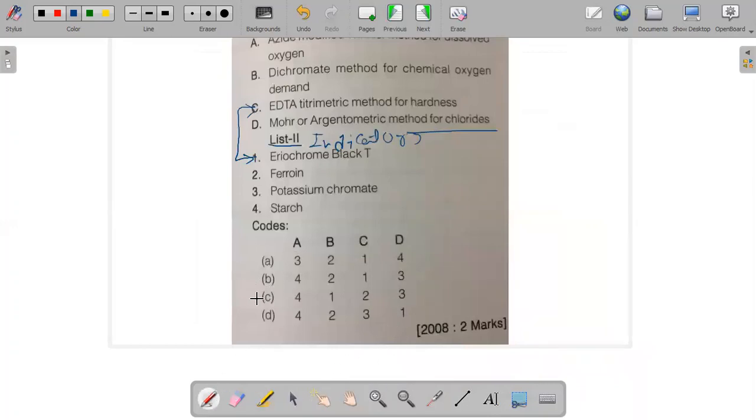So these two options are eliminated because here C is not 1. We need to choose one correct option from these two, A and B. C is eriochrome black T, and here you see the Mohr argentometric method for chlorides, and for chlorides we have potassium chromate. So for D it is 3, and C it's 4. So option B is our correct answer.